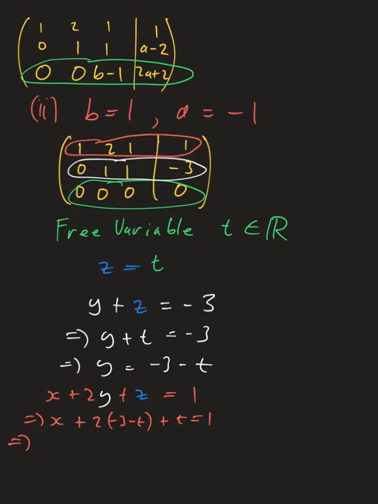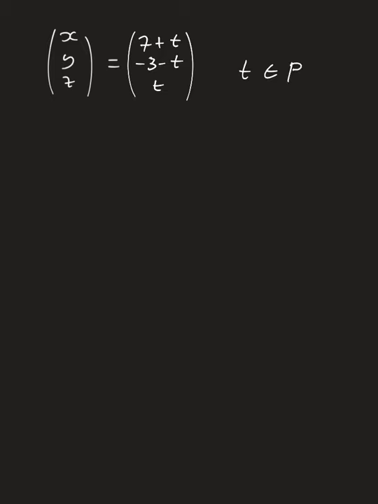So that implies that x minus 6 minus 2t plus t is equal to 1, or x minus 6 minus t is equal to 1, or x is equal to 7 plus t. My final solution then is that x, y and z is equal to 7 plus t, minus 3 minus t, and t, where t is any real number.